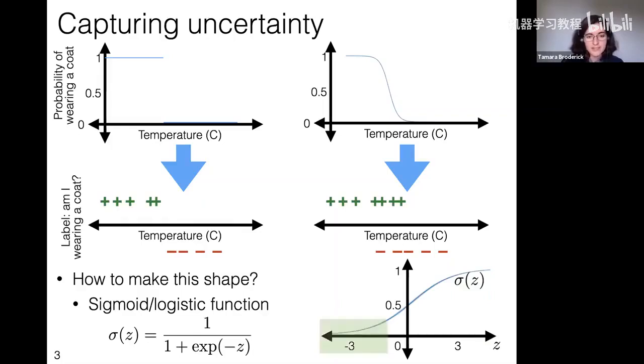So in particular, as z gets very, very low, like it gets very negative, we notice that negative z gets really big. So the exponential function of negative z gets really big. And so the denominator gets really big. And so we're taking 1 over a really big number, that's going to be like 0.